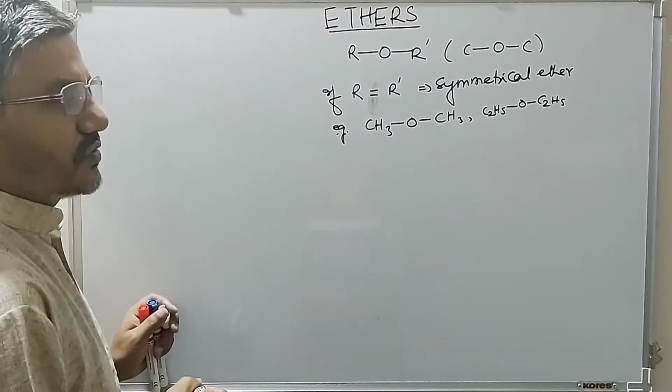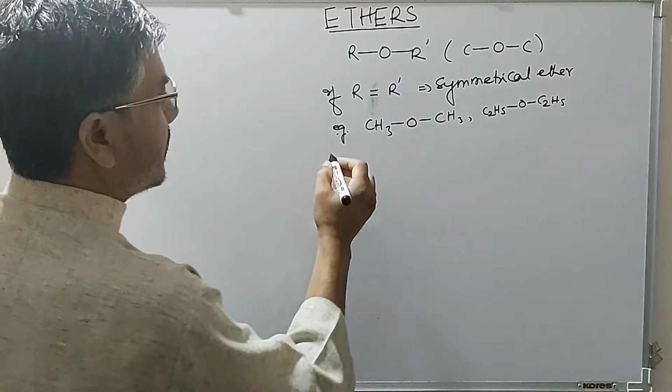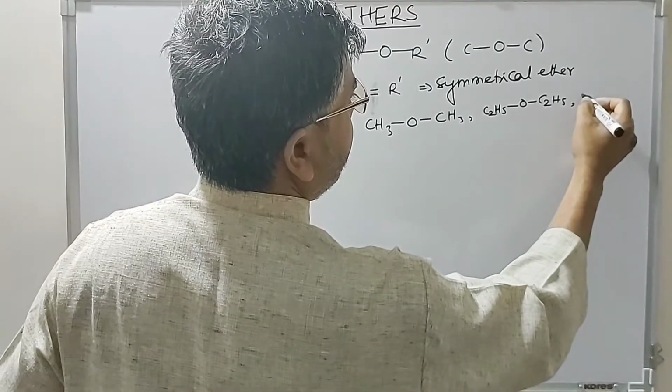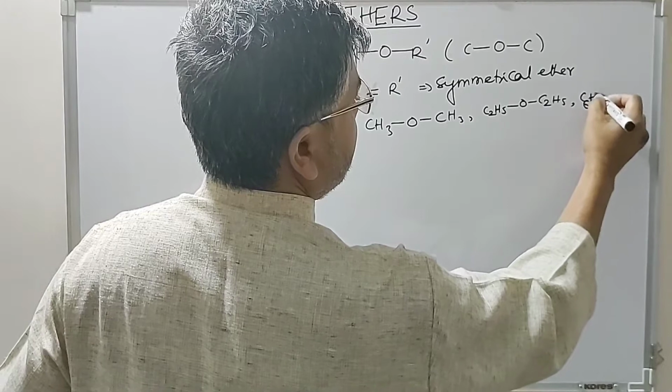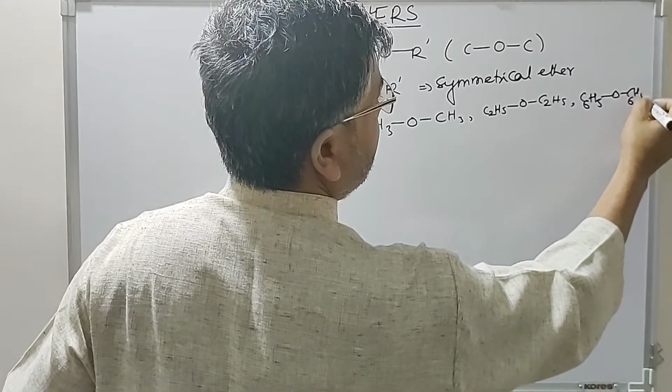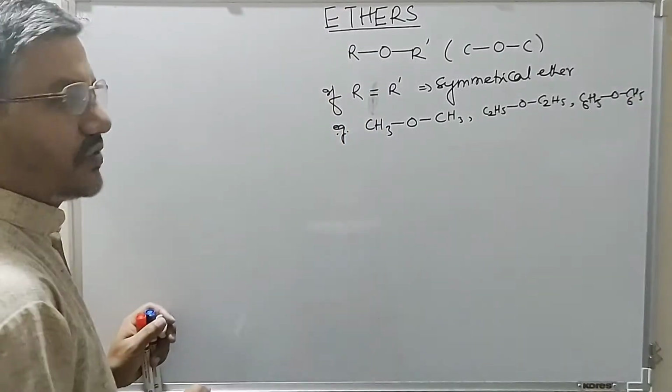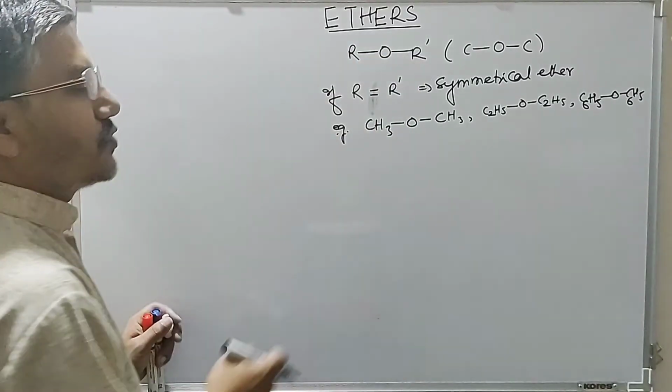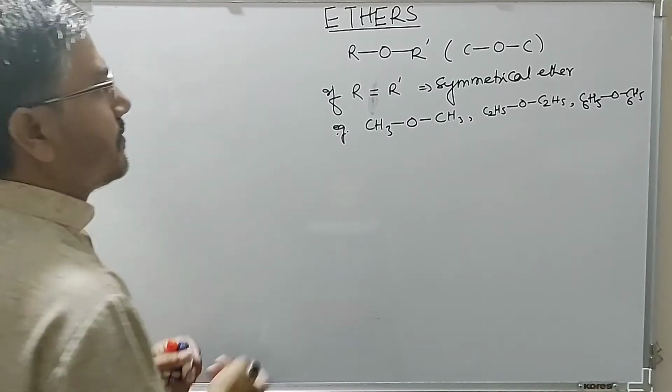These are known as symmetrical ethers. Or we can have C6H5OC6H5. These are also symmetrical ethers, in which both the alkyl groups or aryl groups are the same.